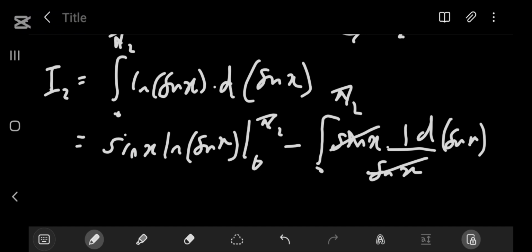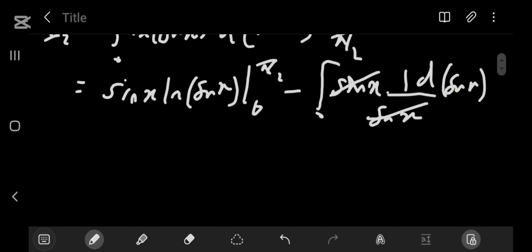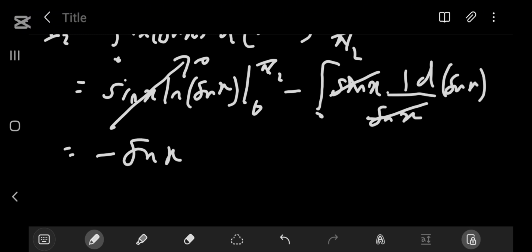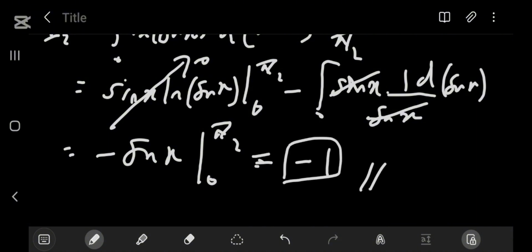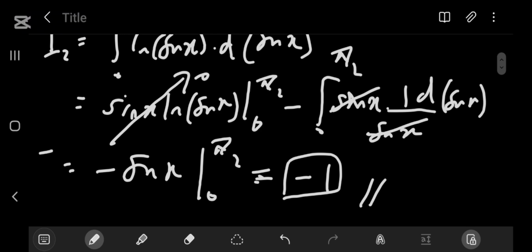This sin x and this sin x will cancel each other out, and we are left with d sin x only. Let's plug this value in and we'll get completely 0 here. So we are left with minus sin x from 0 to pi by 2, which equals minus 1 only. So we finally found the answer for the I2 part.